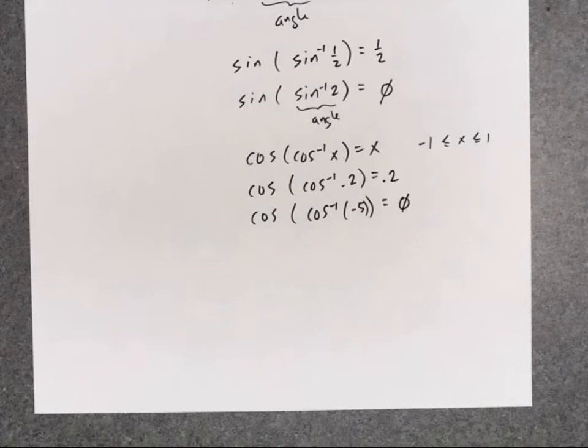All right, now the last thing that we do with inverse trig functions, as if we haven't done enough already, here's the last thing they're going to do. They're going to mix and match some of these inverse trig functions. What do I mean by that? Let me get my example.